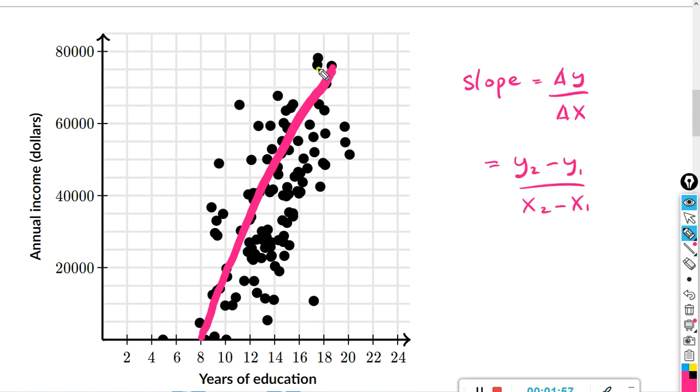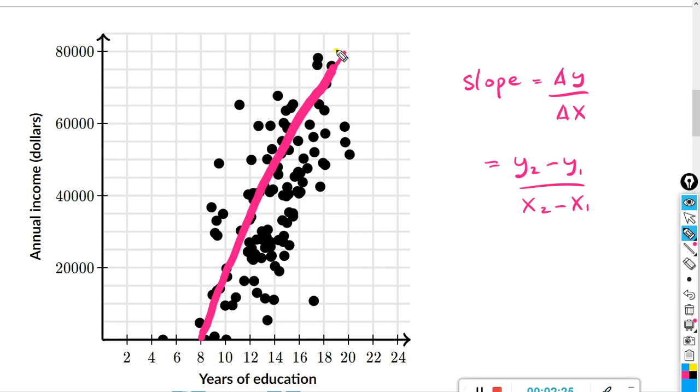We just look at our line and we get the y coordinates. At the top of the line, if I trace the line to the y-axis, it's here, but I would rather it be at 80,000. So let me just extend this line a tiny bit, and that might make it easier. So, change in y.